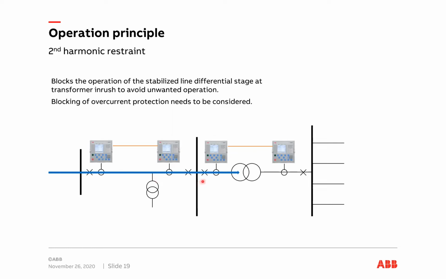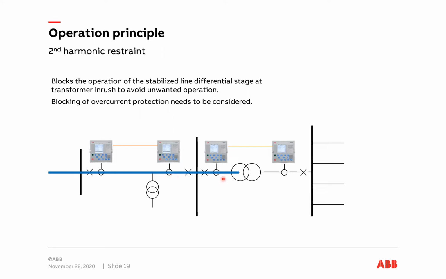If we then connect the next part of the network, we have here an in-zone power transformer. Now the inrush current will be seen by both of these relays. So there's no problem with that, since these two relays will see an inrush current and operate the line differential based on that, because the current will be the same.